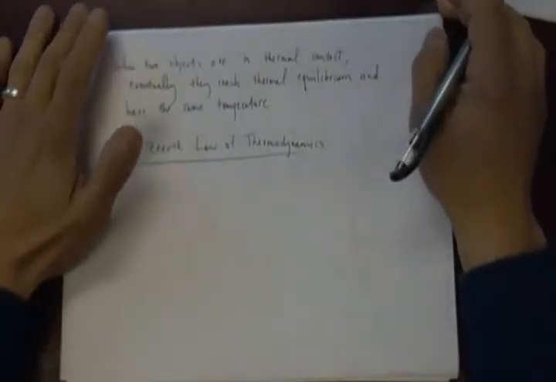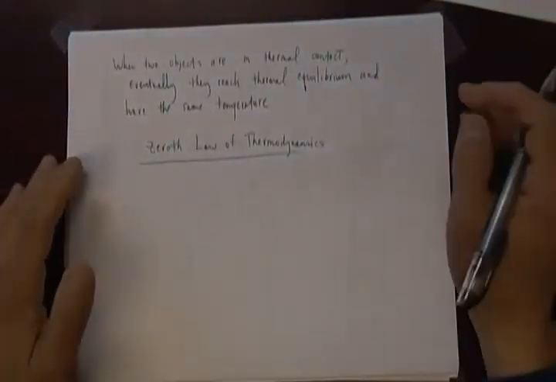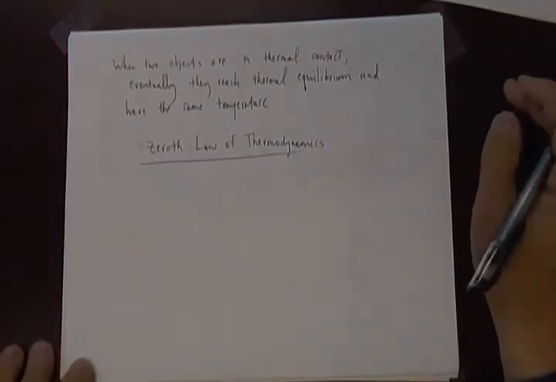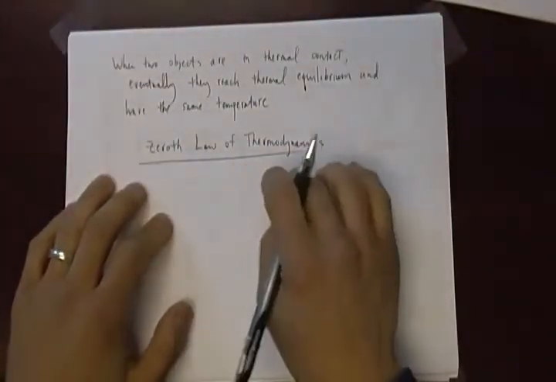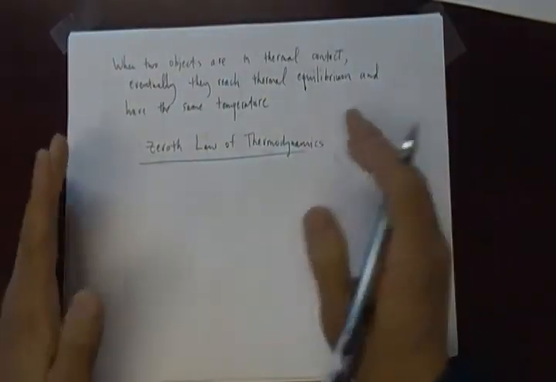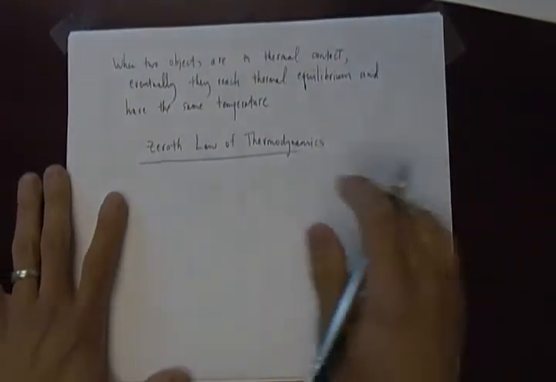The reason it has this funny name is that they started off having the first law and the second law of thermodynamics, but then they realized they needed a more basic foundation to start with, so they added a zeroth law later.